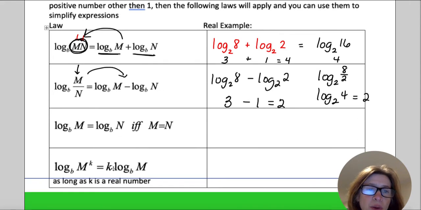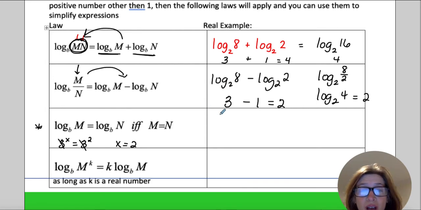All right, this next one kind of goes along with Coach Fred's favorite law. Remember that law I loved where it was like 3 to the x equaled 3 to the 2? And when the bases were the same, then x equaled 2. Well, we've got a similar strategy for the structure of log equations.